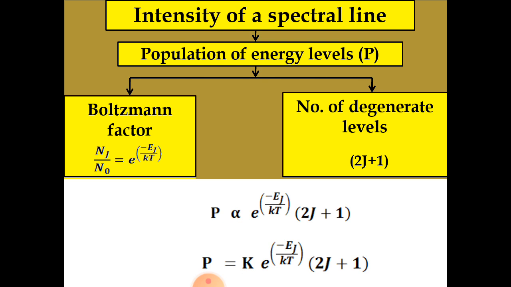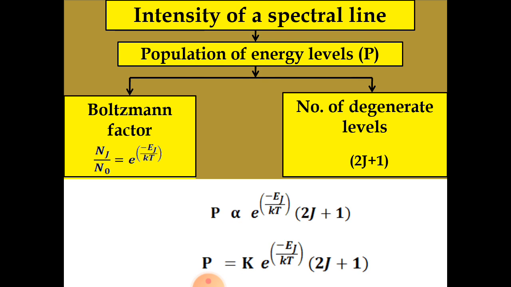For the Boltzmann factor, the ratio between the levels Nj and N0 is given by e power minus Ej by kT. Here Nj is the number of molecules in any higher jth level, N0 is the number of molecules in the 0th level, k is the Boltzmann constant and E is the energy.